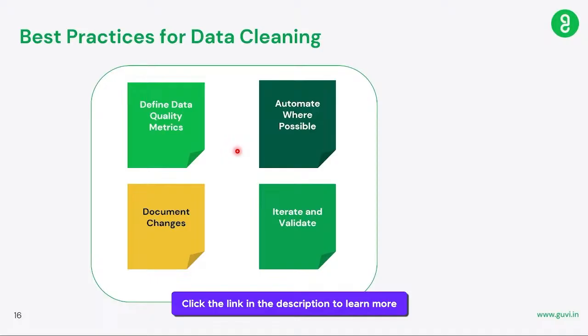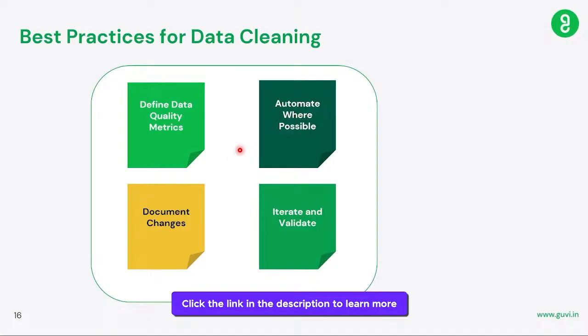This involves defining the criteria and benchmarks to assess the quality, accuracy, and completeness of the data. By establishing clear data quality metrics, organizations can guide the data cleaning process and ensure consistency and accuracy across datasets.